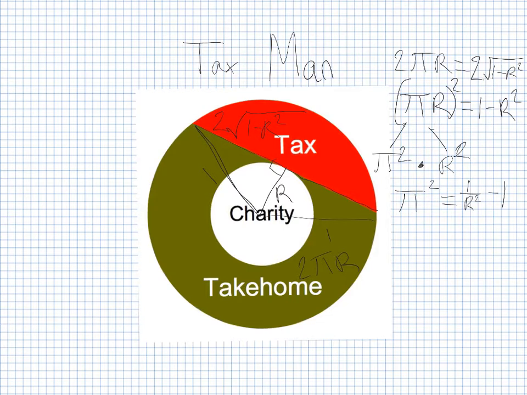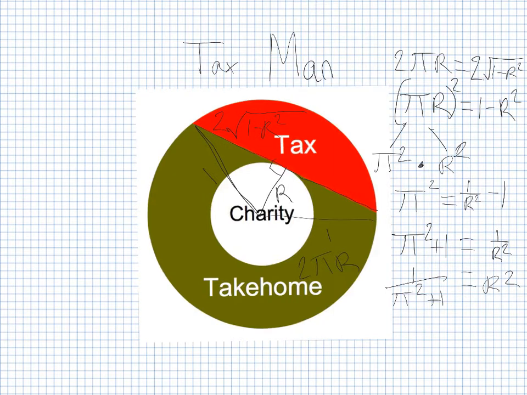And then I add 1 to both sides. So I get pi squared plus 1 equals 1 over r squared. And then you can reciprocal the whole equation, and you get 1 over pi squared plus 1 equals r squared.